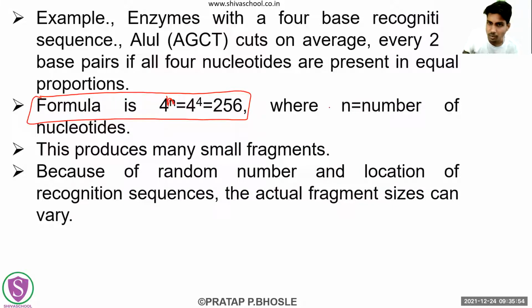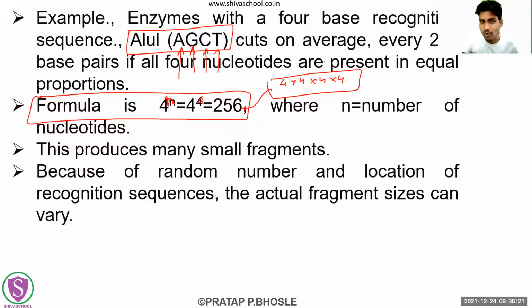N is the number of nucleotides in the recognition sequence. So for enzymes with a 4-base recognition sequence, if the recognition sequence has the bases A, G, C, T, then there are 4 nucleotides, so n is equal to 4. So 4 raised to 4, 4 into 4 into 4 into 4. This will become 256. Okay, so this enzyme will cut on every 256 base pairs.